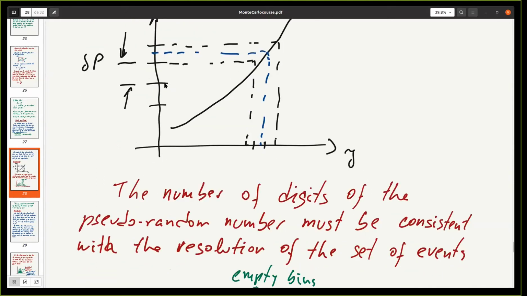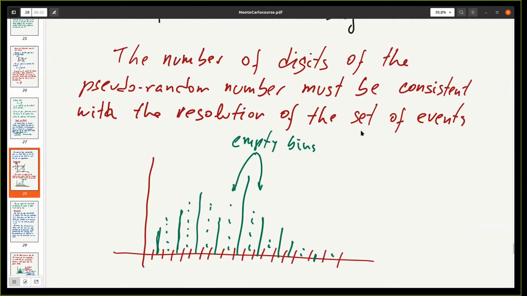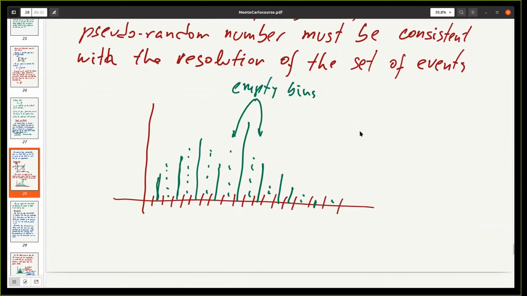So when you build your events in this way with the wrong generator, you have bins that somehow reproduce your distribution, but they are separated by void bins, so bins that are empty. And this is not uniform. You don't get the distribution you were expecting because you have some intermittency in the events. And this is not good usually.